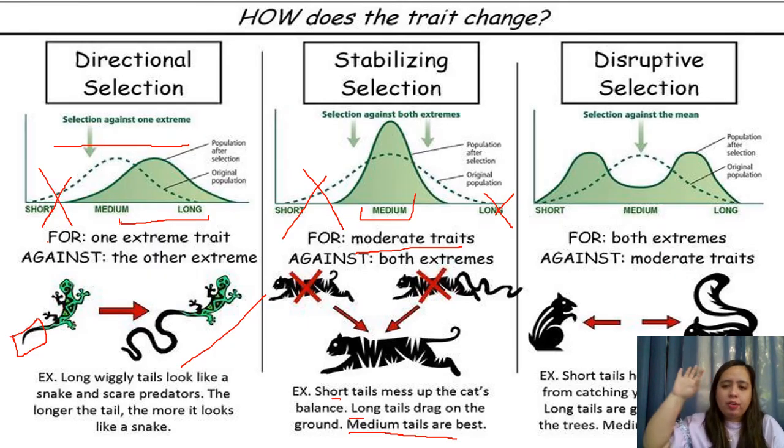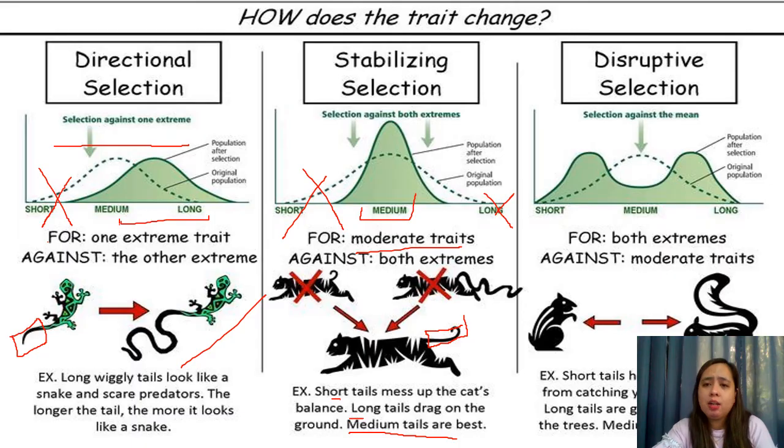Even if that's a very high tree, they will land on their 4 feet. What causes this for them to land on their 4 feet is the tail that they have. So here the medium length of the tail of the cat enables them to balance when they're jumping or when they are landing. Stabilizing selection.